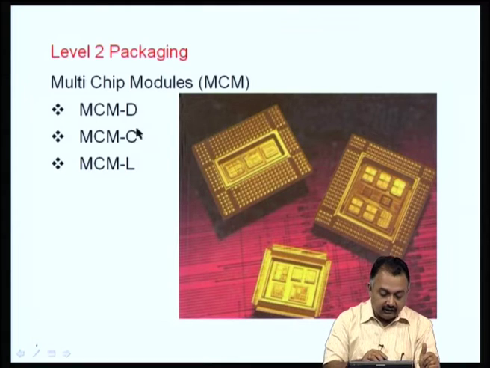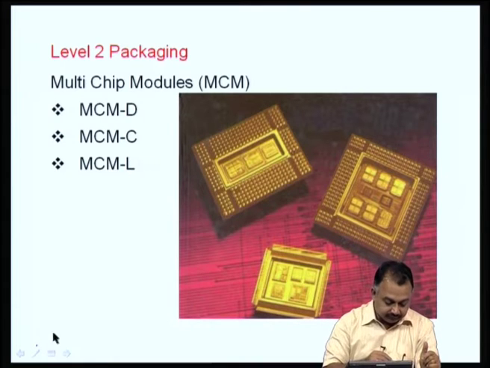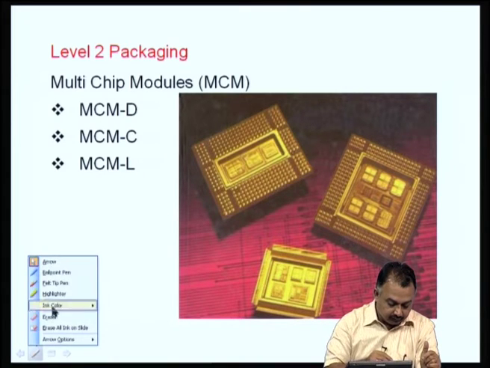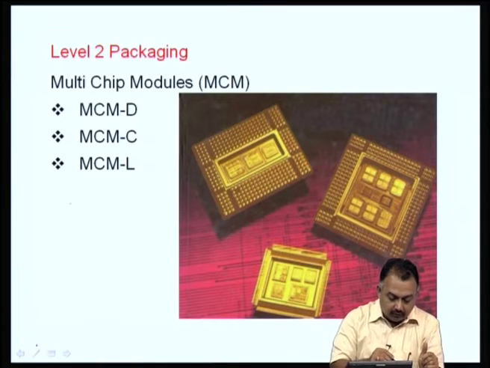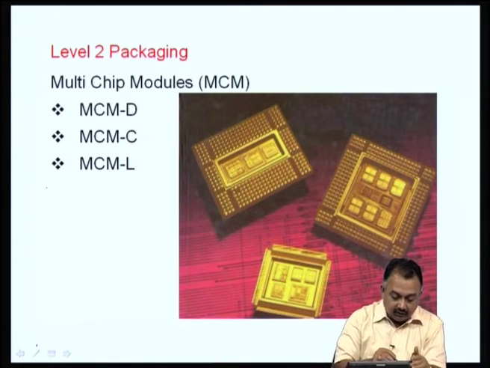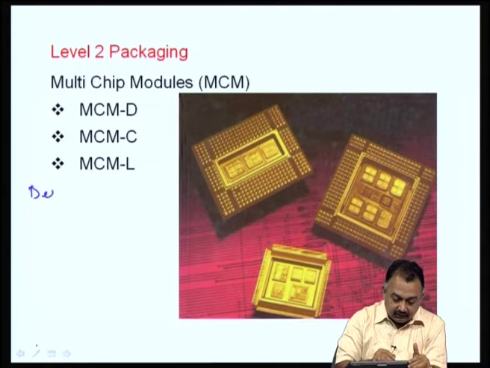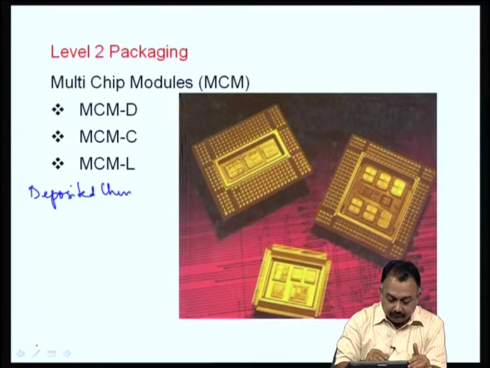So, as you can see here, multi-chip modules can be of 3 types: MCM-D, MCM-C and MCM-L. MCM-D stands for deposited thin film.